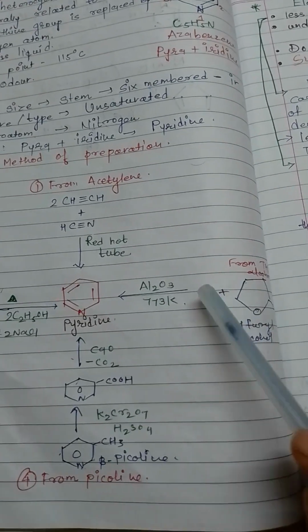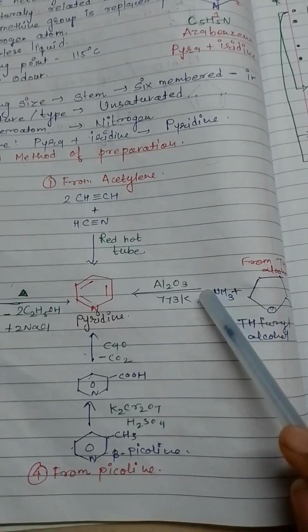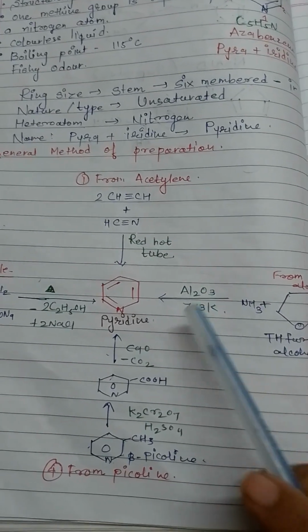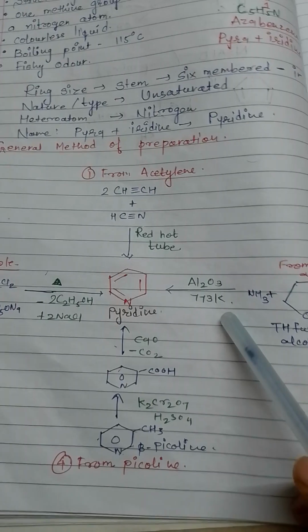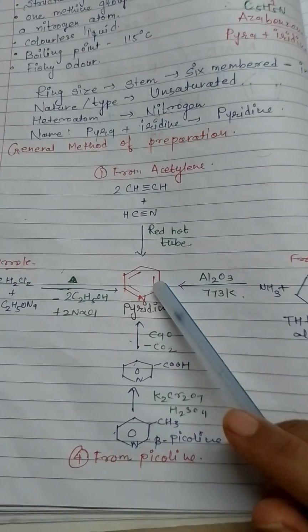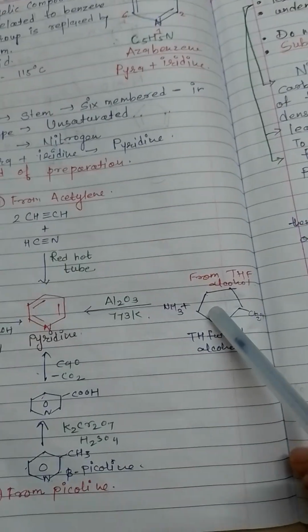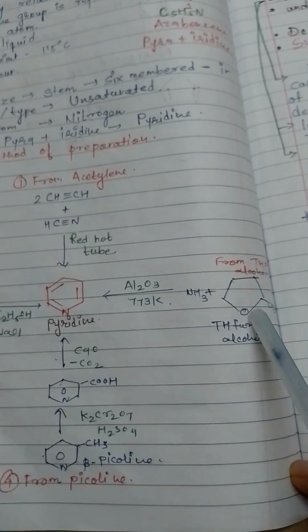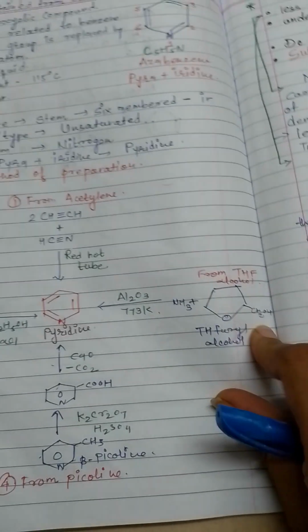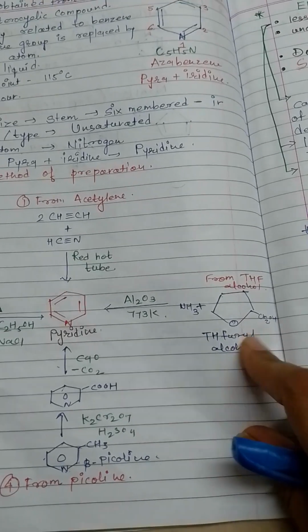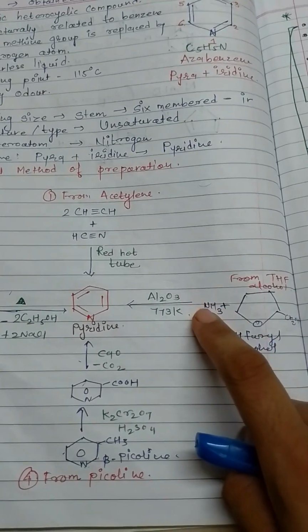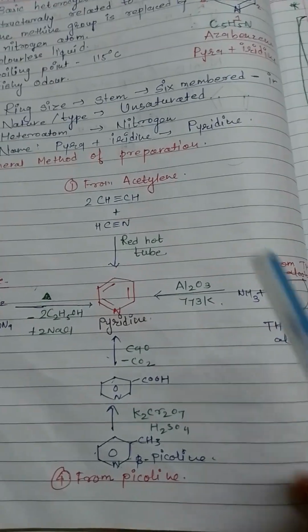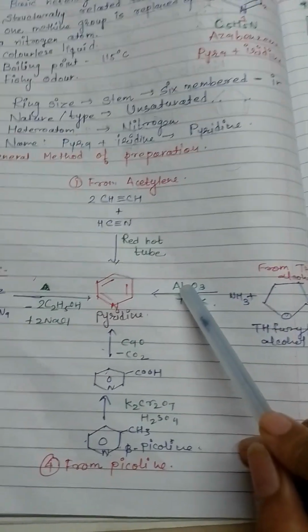Furyl alcohol reacts with ammonia in presence of aluminium oxide at 773 degree Kelvin and forms pyridine. Here already 4 carbons are there, and the fifth one is present in the side chain, right? And we required nitrogen heteroatom, so we used NH3, and this Al2O3 is the catalyst.